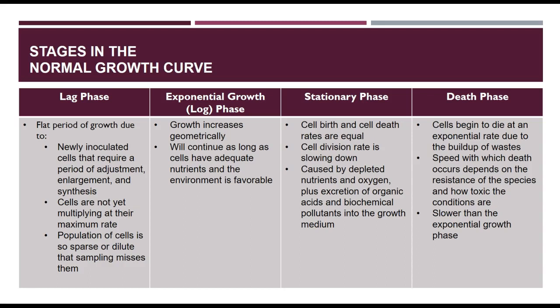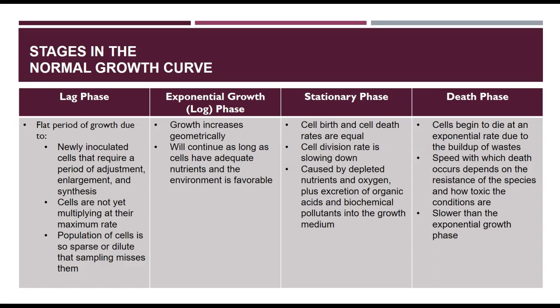It's very slow and flat because the organisms are new to that environment, and they need some time to adjust. They need a period of time to actually grow, synthesize nutrients, and then begin to divide.